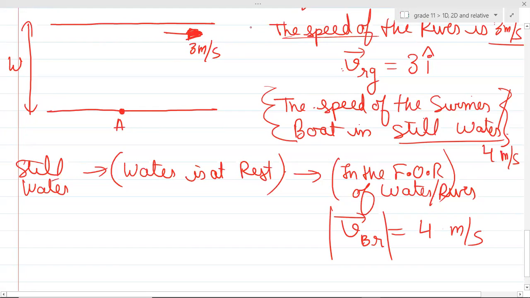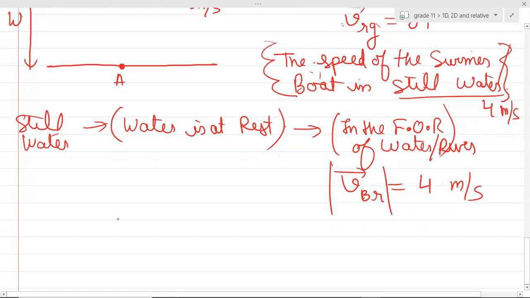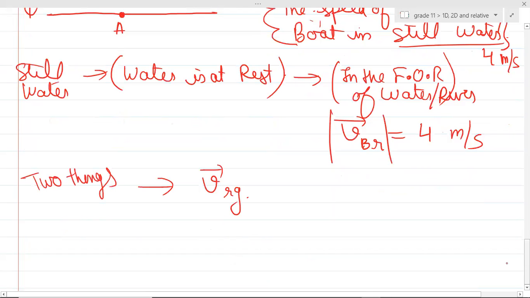So from the data, always gather these two pieces of information, because they will help you determine how exactly the object will be moving. The first is the velocity of river with respect to ground, and the second is the magnitude of velocity of boat or swimmer with respect to river.